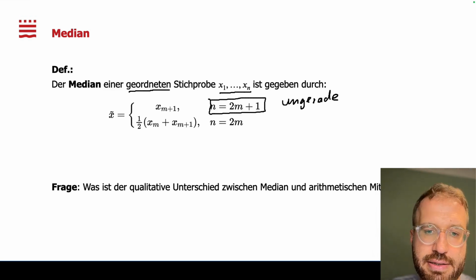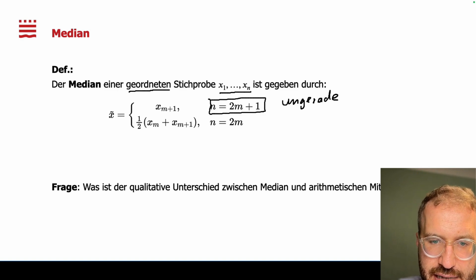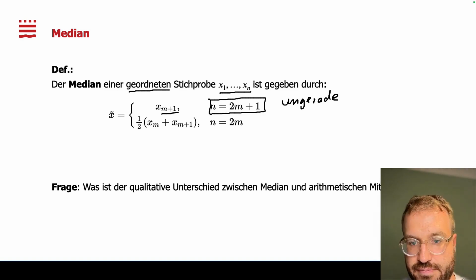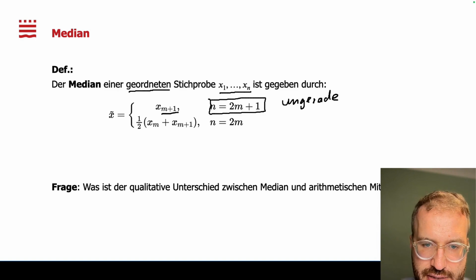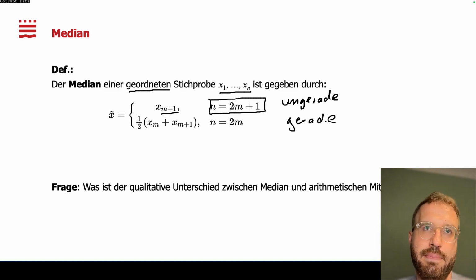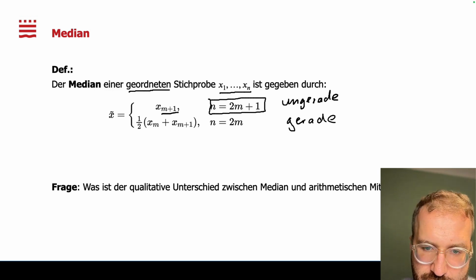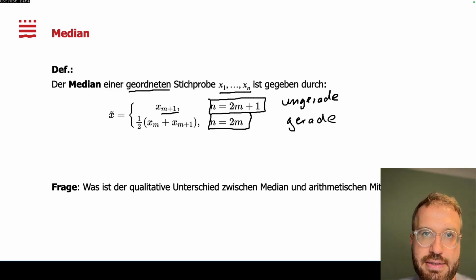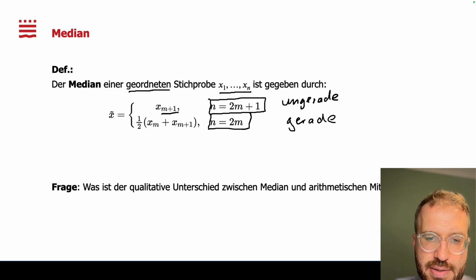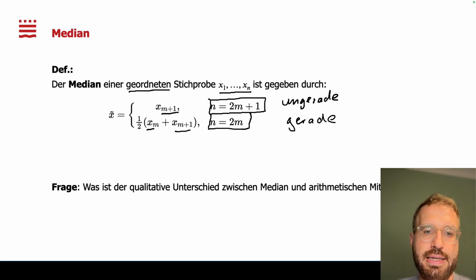And then the middle is exactly at m plus 1. However, if the number of elements is even, so n is 2m, then we take the two elements that are relevant, which are xm and xm+1, and take the half of both, just like in our example with 4 elements, where we took the 2 and the 3.